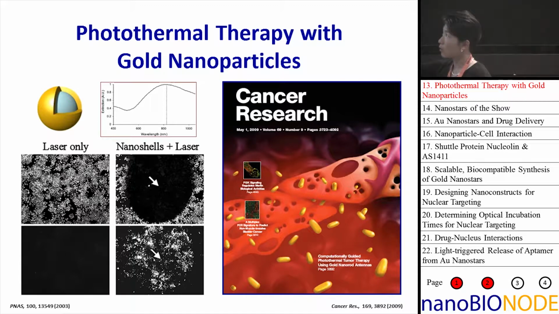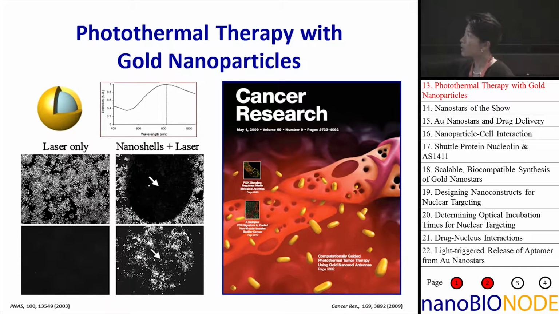And so this is the gold nanoshell here. And you can see that it has an extinction spectrum, which is just a combination of absorption and scattering, right in the middle of what we call this near-infrared window. So what they did is they took these particles, and they put them on cancer cells, and they shine light on them.